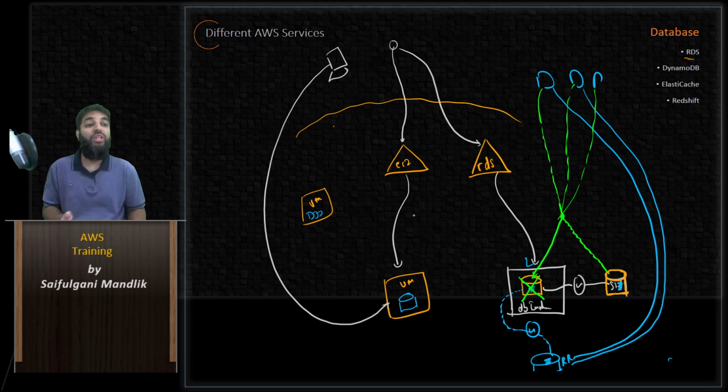If not, had you created your database in an EC2 instance using the EC2 service, you will have to do all these configurations of read replicas, of standby, of backups, of upgrades, all by yourself. So I hope you see the value of the service.